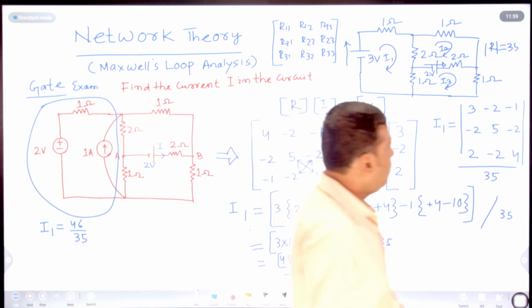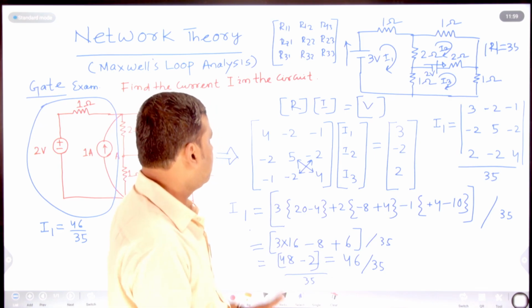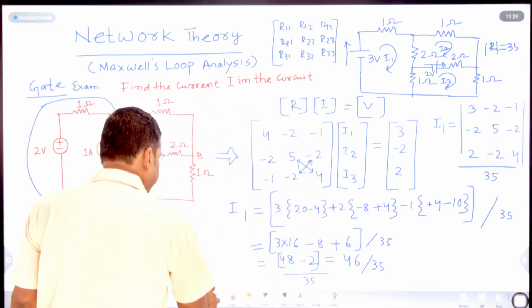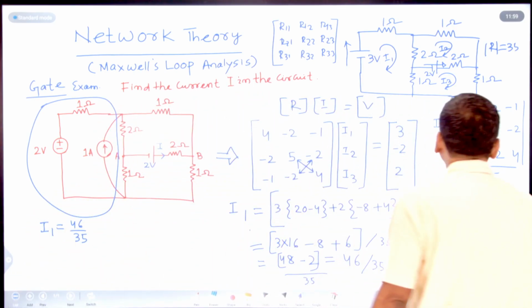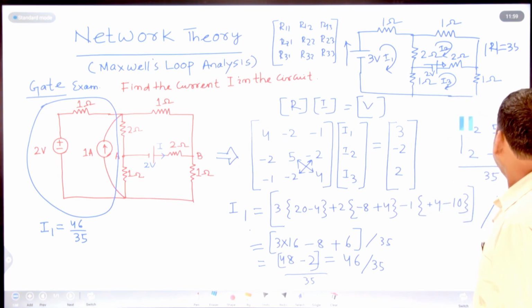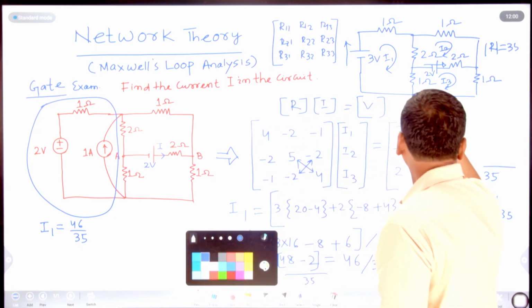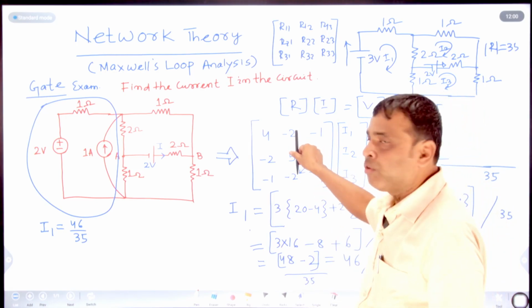Similarly, we will find the value of I2. How to find I2? Simply close the second column. To find I2, which column will you take? Simply close the second column.